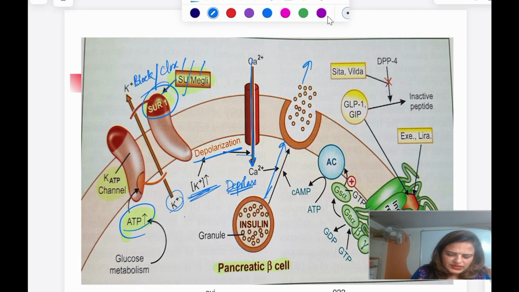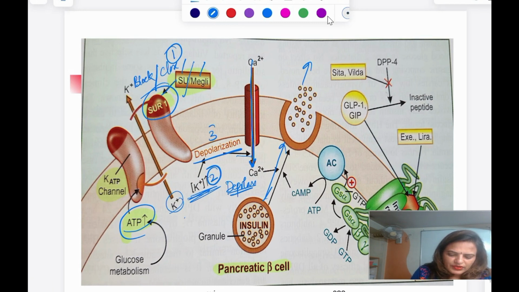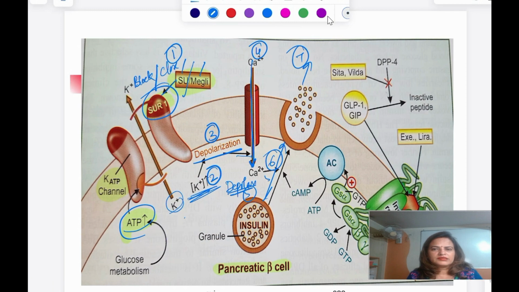So number one is they block or close this channel. Number two, potassium level is increased, depolarization, opening of calcium channel, then again depolarization, and then there is a fusion and there is a release. So this is how they are going to act.